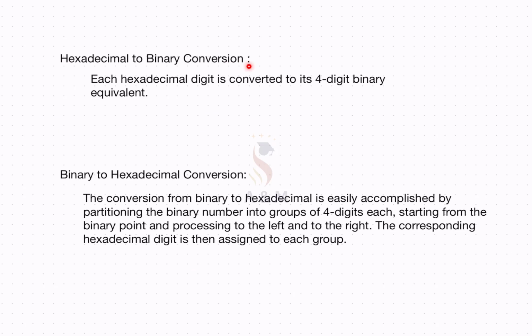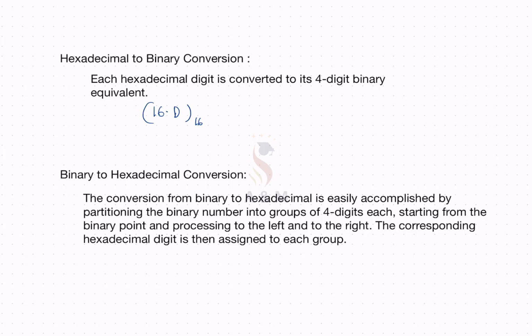Hexadecimal to binary conversion. Each hexadecimal digit is converted to its 4-digit binary equivalent. That is, 16.D to the base 16.